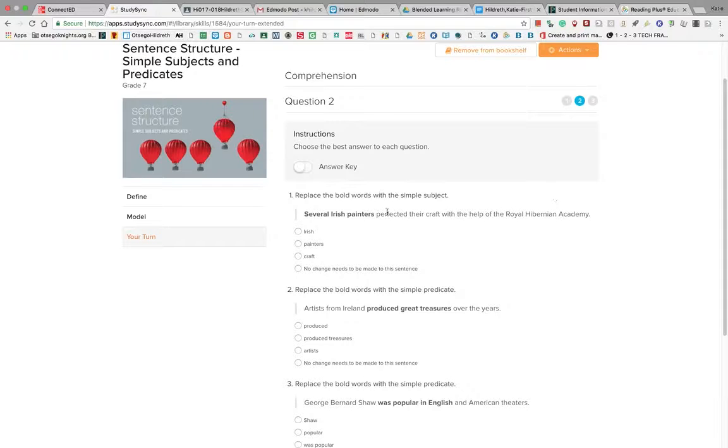In this section, you're going to replace the bold words with a simple subject. Now, you got to remember what simple subject is. Look at your notes, and it's either who or what the sentence is about, or it's what that person, place, or thing is doing or being described. So you got to look and see what's the simple subject in this first one.